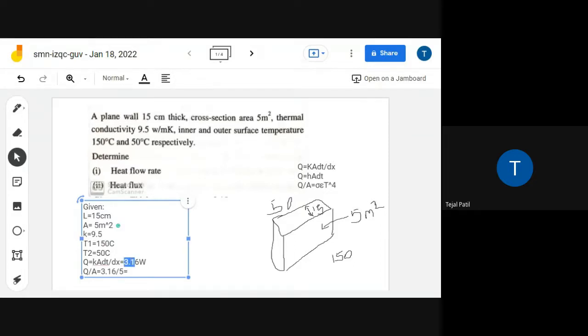Is this correct? 6.32. No, one minute. 0.63. No. That Q by A. I think this is also wrong.